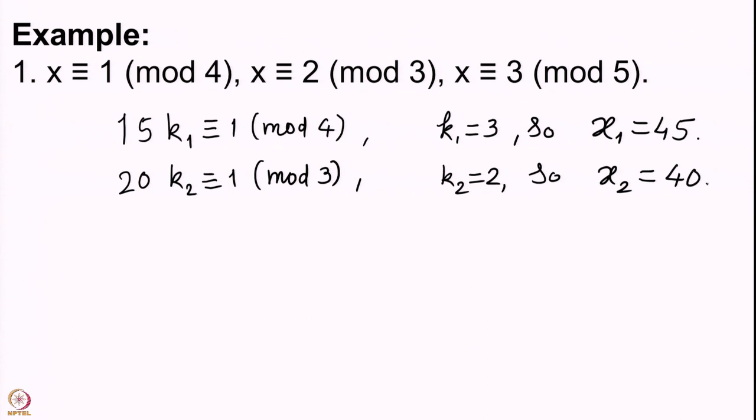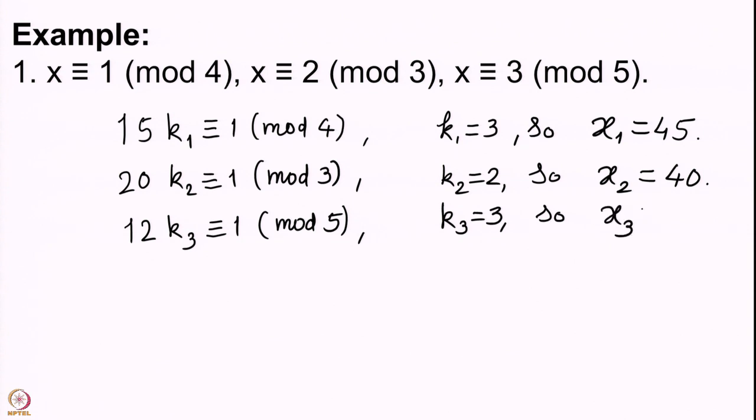And similarly we solve for x3 by asking for 12 K3 congruent to 1 mod 5, and then we observe that K3 is 3. So x3 equal to 36.